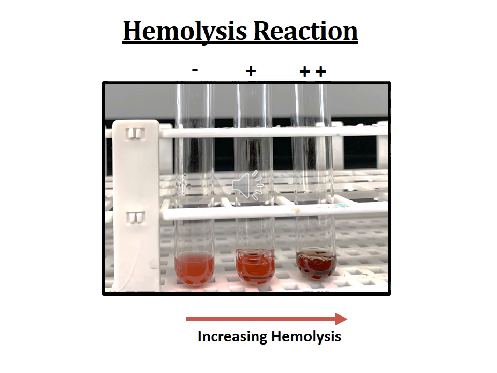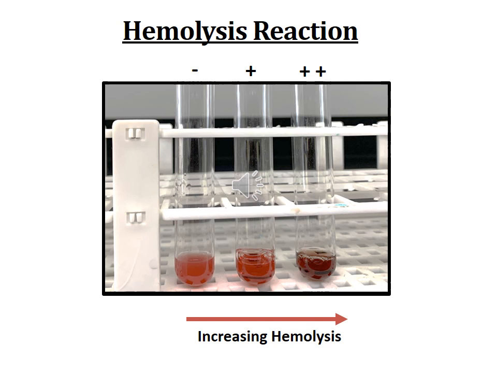So this is a result that you might see. The test tube on the far left side has an opaque red color. This indicates that there is no hemolysis. That's why you see the negative sign. In the middle, you have one positive, a clear red. This indicates that hemolysis has occurred. It's not cloudy, not opaque anymore.